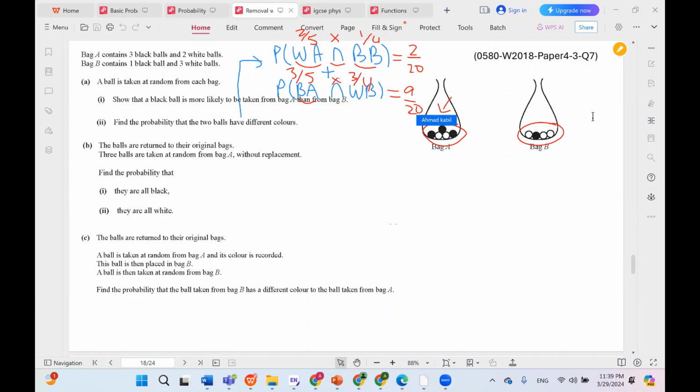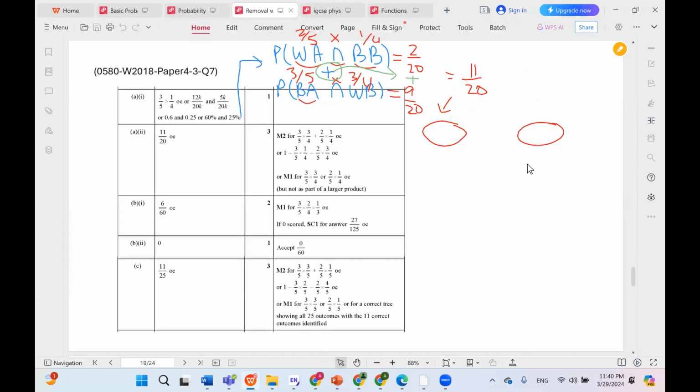And either this could happen or that could happen. When I say or, I have to add the two probabilities together. So the final answer would be 11 over 20. Now let's check the marking scheme. So 11 over 20 for double I is the correct answer.